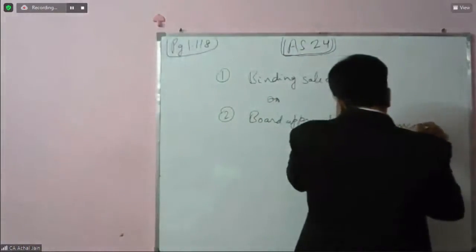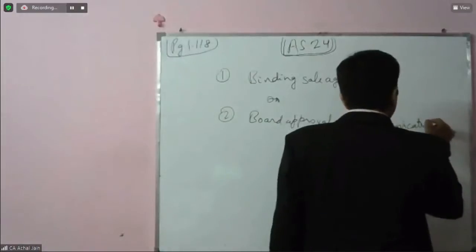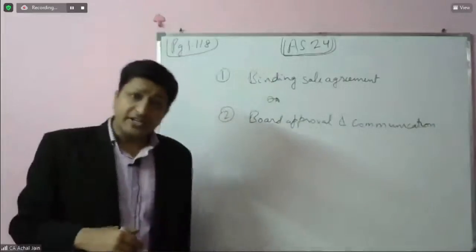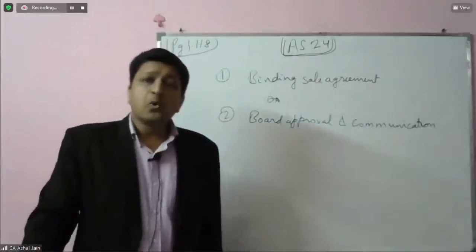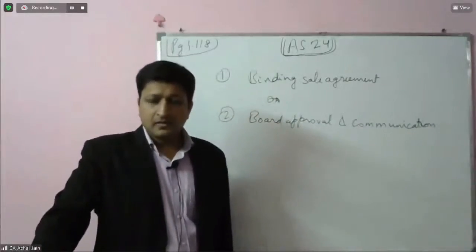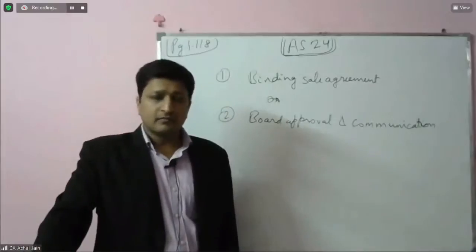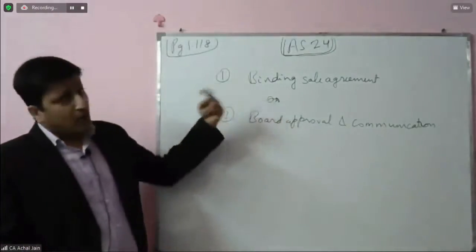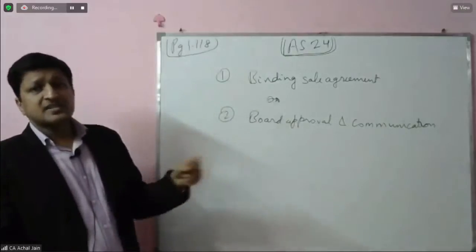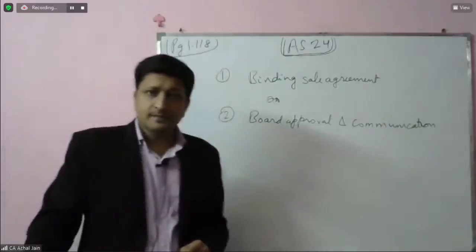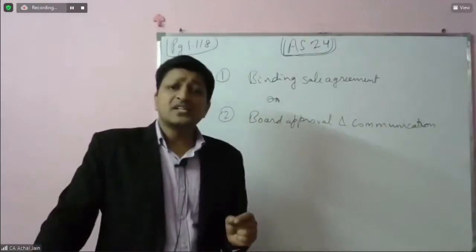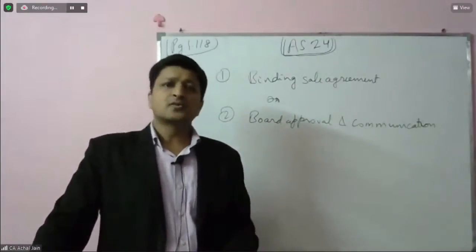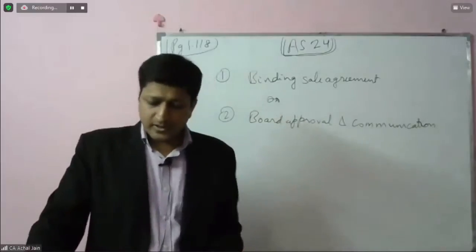Board has not only approved this but has also announced this. Generally, both these criteria are met for the disclosure to be given. But you need to remember that if either of these events have taken place, then you will give the disclosure in the financial statements.